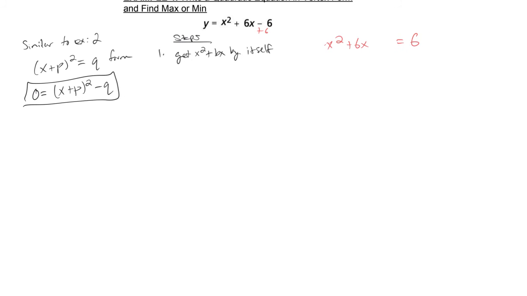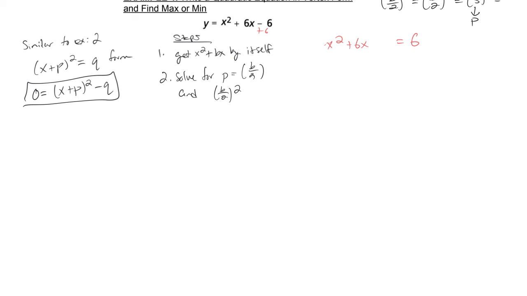And now we need to solve for our b over 2 and our b over 2 squared. So p is equal to b over 2, and b over 2 squared is 6 over 2 squared, which equals 3 squared. Our 3 is now our p.